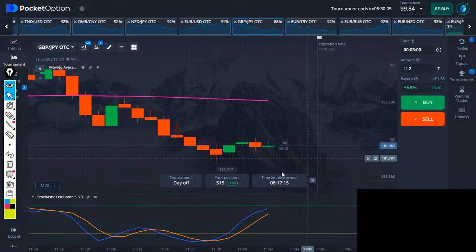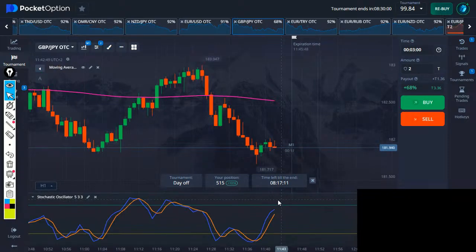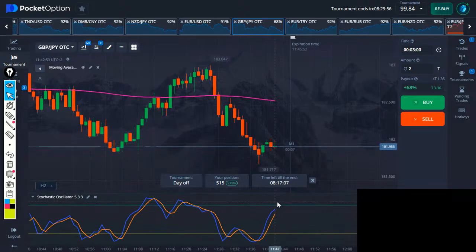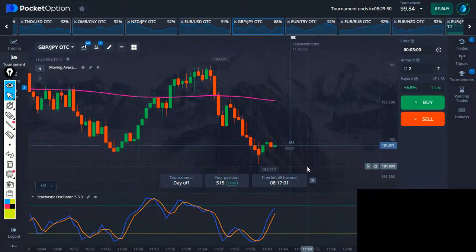Okay, it might not reach the overbought level, so I won't take the trade. Nope, I won't take it.